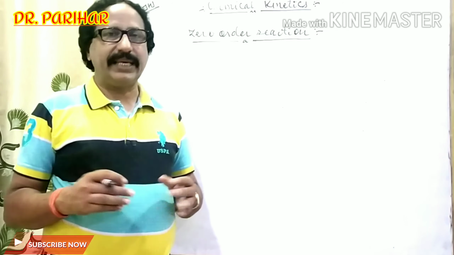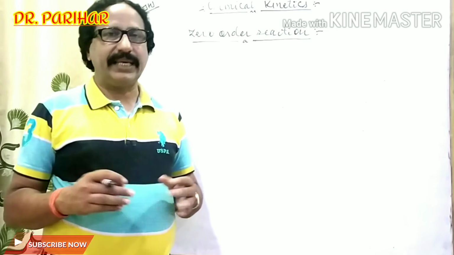And there are also a lot of examples. Hence, decomposition of NH3 into N2 plus H2, you have to balance it with 2, 3. This reaction is also counted as zero order, observed on the basis of experiment.